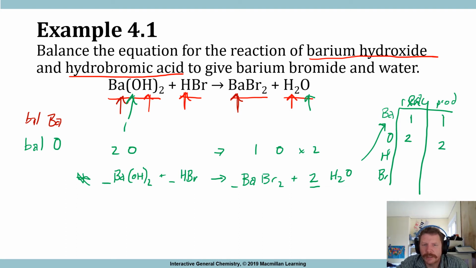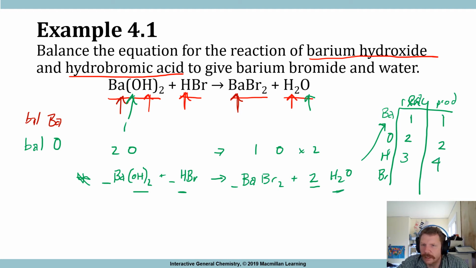Okay, next up is hydrogen. How many hydrogen do I have on my reactant side versus on my product side? Well, on my reactant side, here's 2, because I've got that subscript outside of my parentheses, and then here's a third one. So I have a total of 3 hydrogen on my reactant side, and I've got a 2 subscript and a 2 coefficient, so I've got 4 hydrogen on my product side.